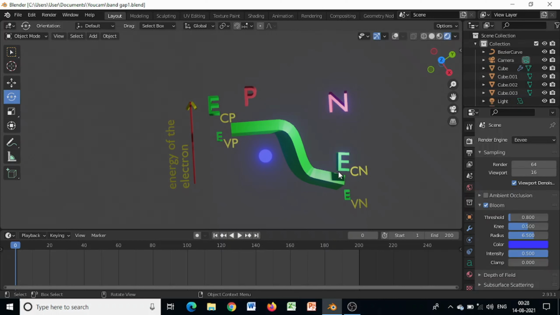Similarly, the valence band edge EVP in the p side will be at a higher level than the valence band edge EVN in the n side. Here we have used the subscripts p and n to indicate the p side and n side of the junction.